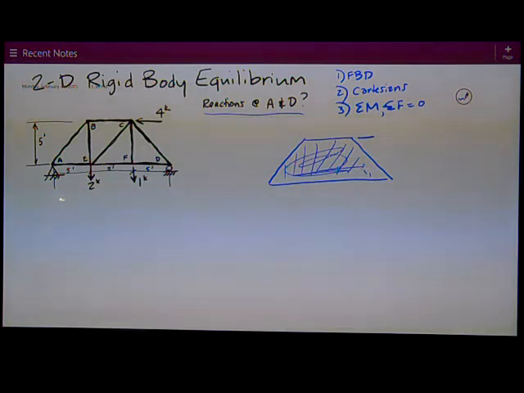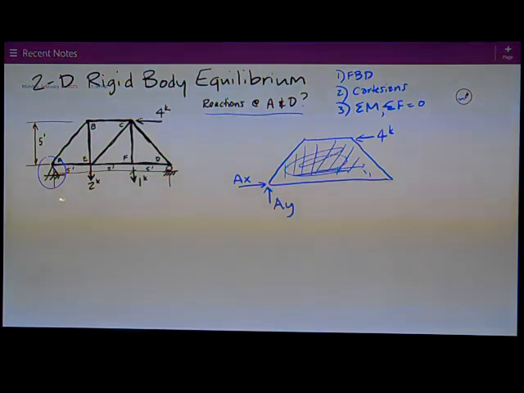So I've got 4 kips to the left up here. I've got a reaction at A. At A I've got a pin, so I have X and Y reactions. A Y I assume up, A X I assume to the right.